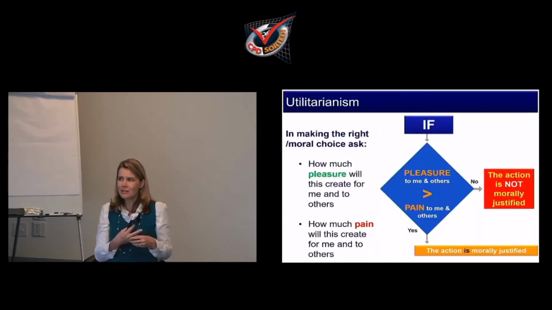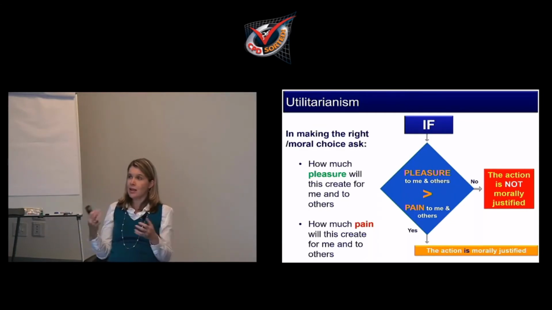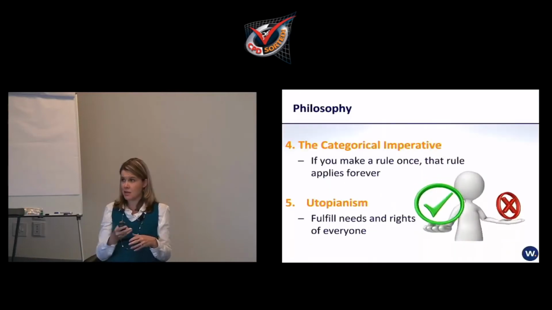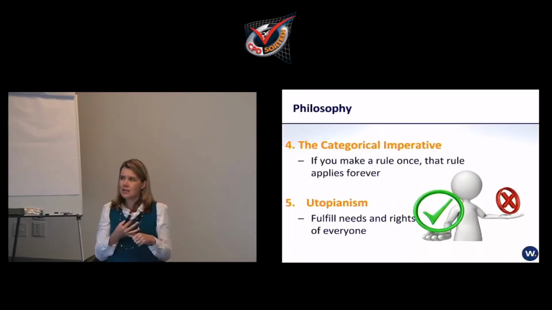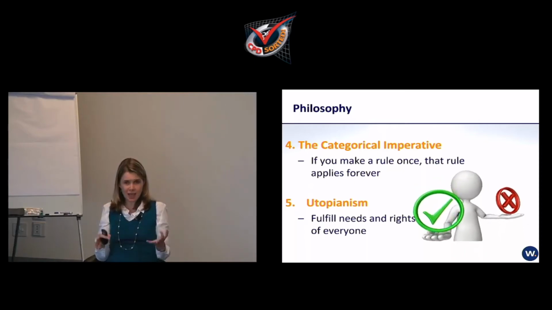Under this method, people can justify some horrendous things. And also, to whose pleasure versus to whose pain. In a simplistic view, maybe Hitler could have justified himself under this method. The categorical imperative means that once there is a rule, the rule is set, and that is the law.